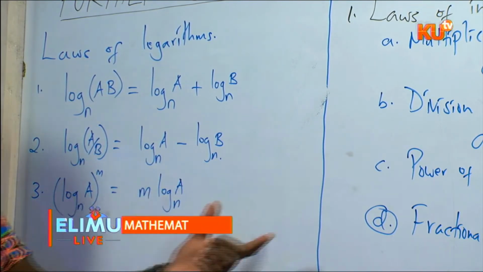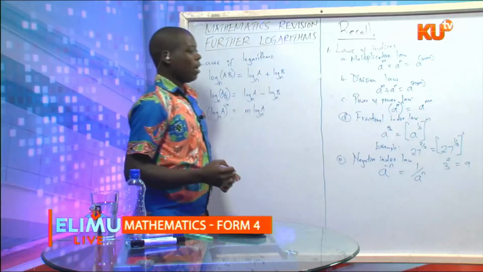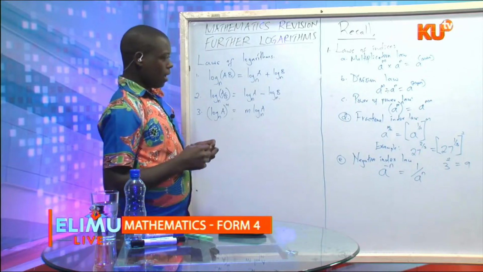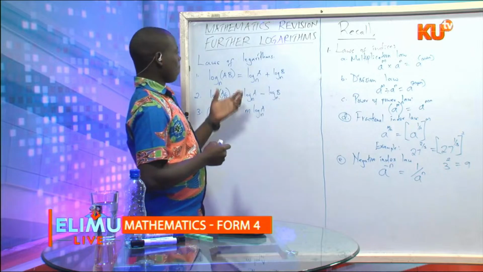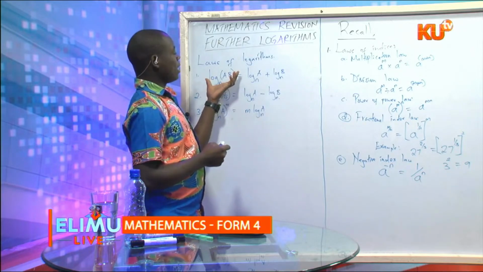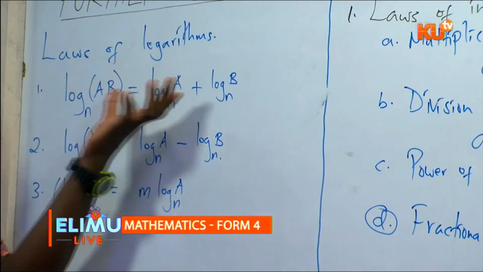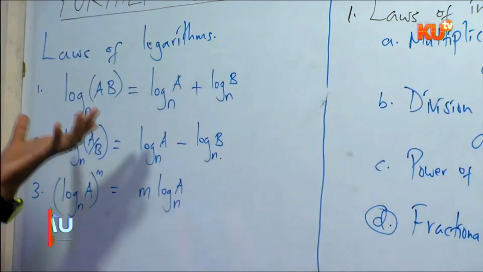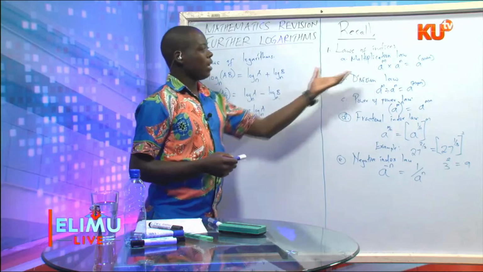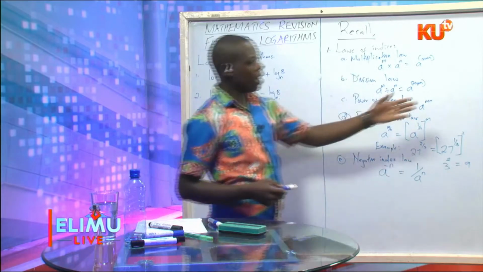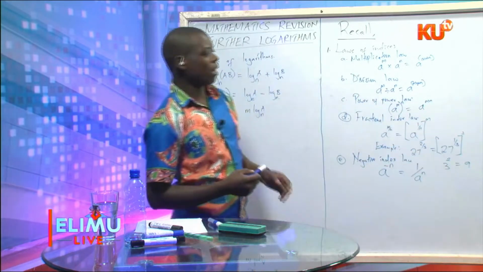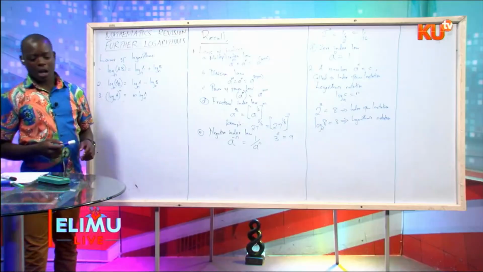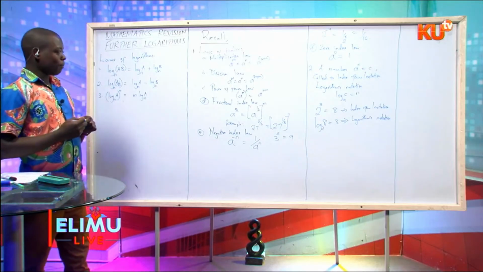Again, from the power law in indices. You realize one thing, that we are getting the laws of logarithms from the laws of indices. So logarithms are generated from the laws of indices, and that is why we've looked at the index and logarithmic notation, which are given together.